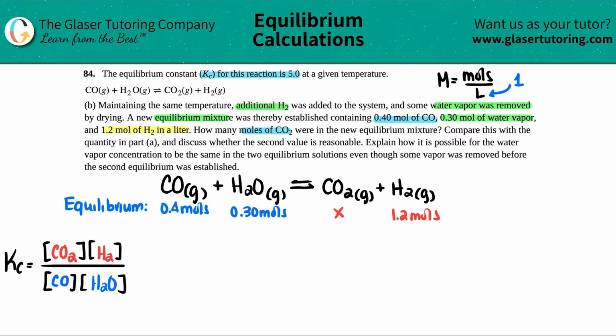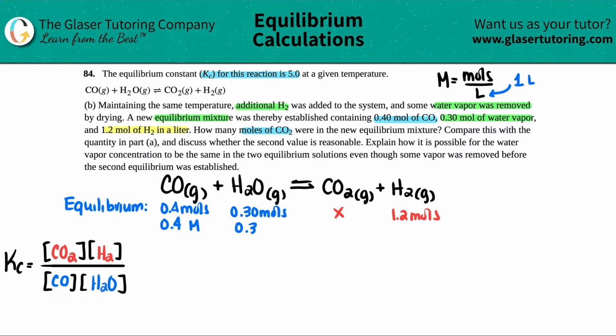But if they said that we had 2 liters, you would have to take all these numbers and divide them by 2. But since anything divided by 1 is itself, I know that these are now just the molarity values. So I can get rid of all the moles. And actually, just to make it a little bit easier, I'm just going to say on the bottom that these would be the same as moles and molarity.